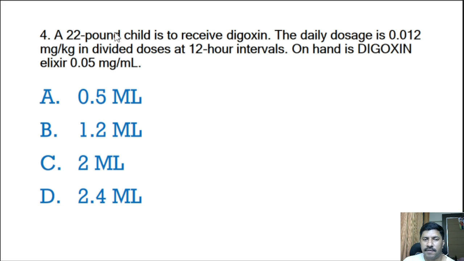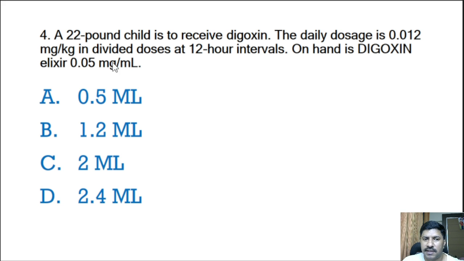Here also the weight is given in pounds, so we need to convert the pound into kilogram. The daily dosage is 0.012 milligram per kilogram. First we need to find the daily dose according to the child's weight, then administer it at a 12-hour interval, that is 2 divided doses.